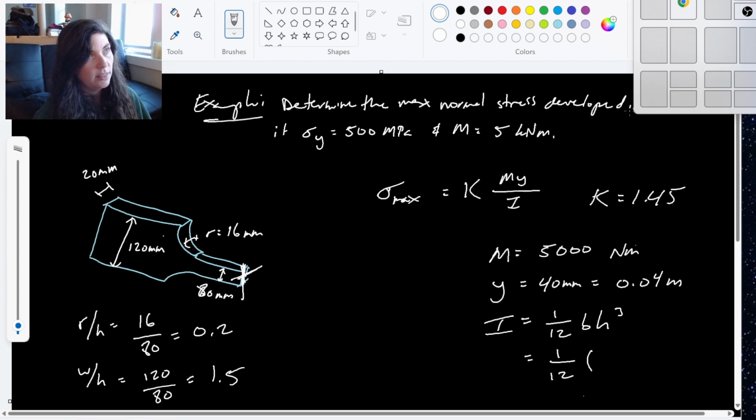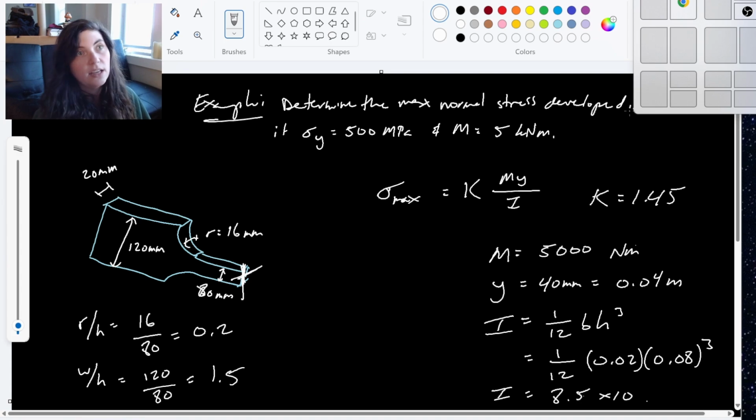My base, my thickness here is 20 millimeters. And the height is that 80, 0.08 cubed. So the moment of inertia is 8.5 times 10 to the -7th meters to the 4th.